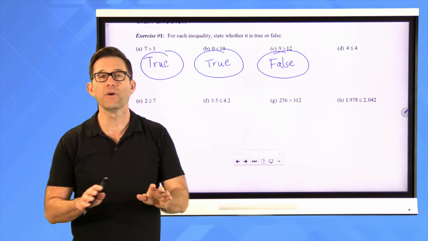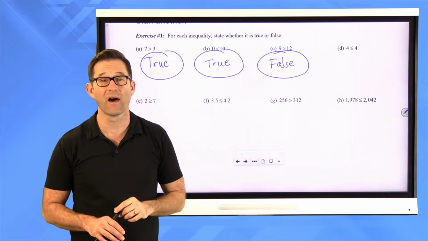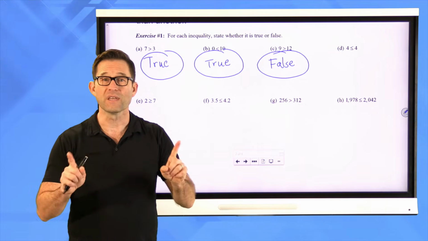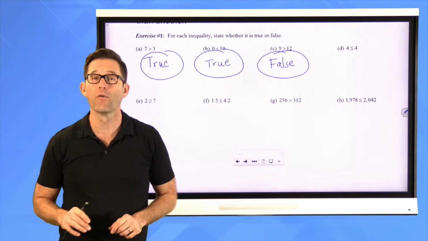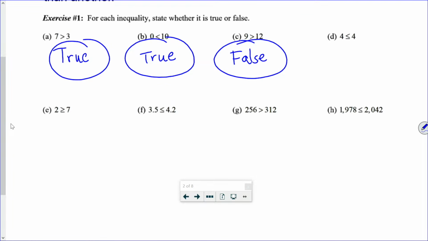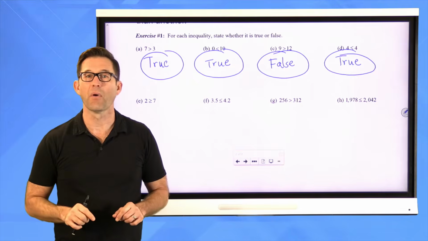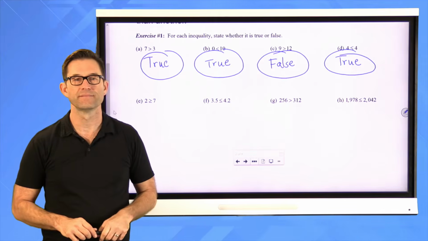So if either one of those conditions hold, if either 4 is less than 4, which it's not, a number is never less than or greater than itself, or 4 is equal to 4, which it is, if either one of them is true, then overall we say it's true. So when I say 4 is less than or equal to 4, that is true. Okay, so these should be easy enough. What I'd like you to do is pause the video now and give me a true or false on the remaining 4 of them.